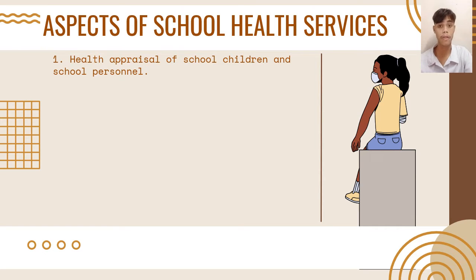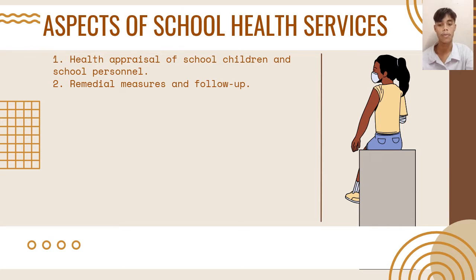This refers to a series of procedures to assess or determine the health status of the students through the use of the teacher's observations, screening tests, health histories or inventories, medical and dental inspection, and psychological tests.